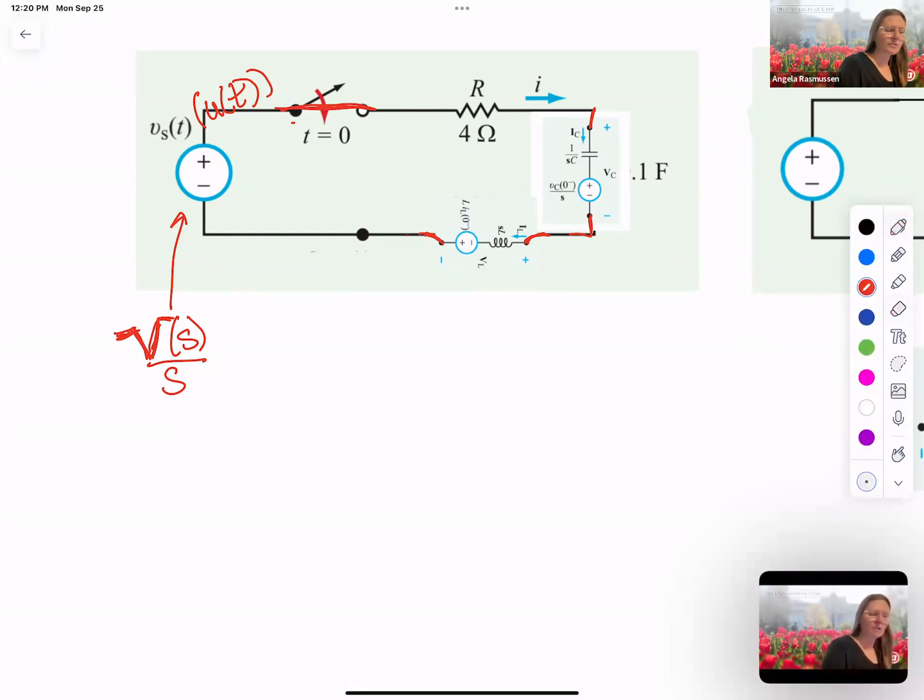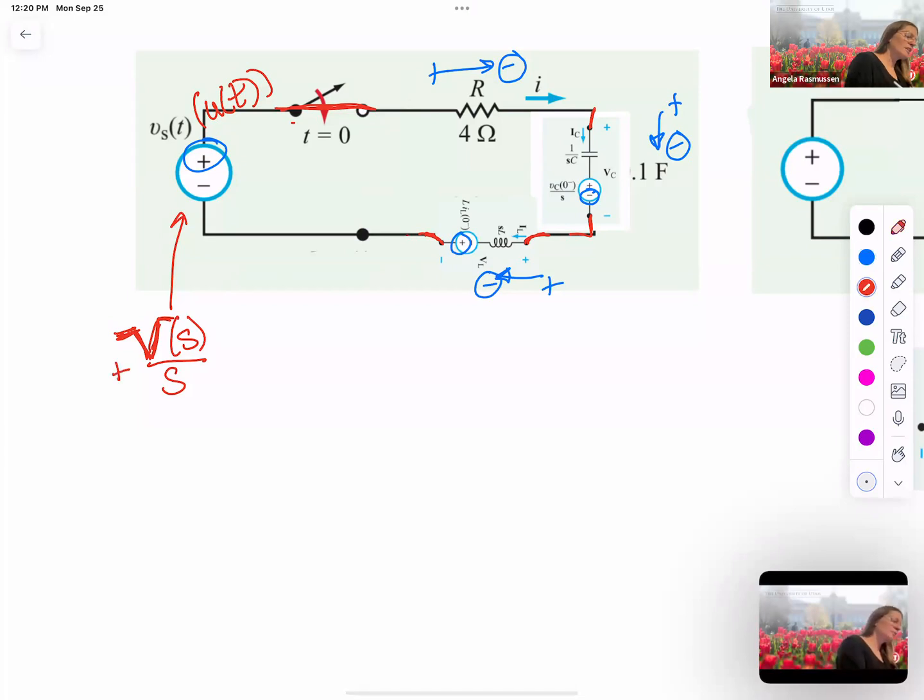I'm going to take a loop. So I'm going to use plus. This will be minus. Going down will be minus. This will be a minus, minus, and then a plus.